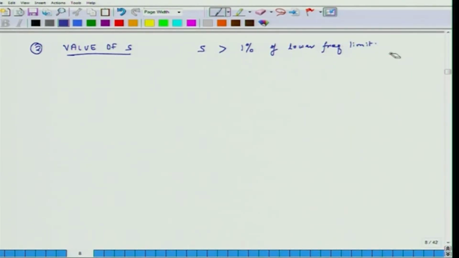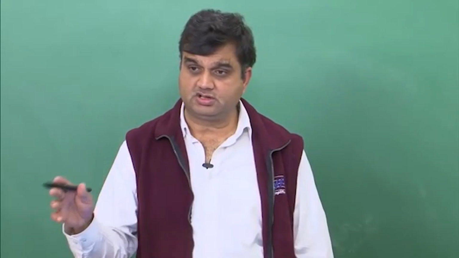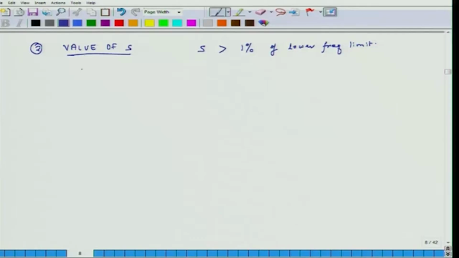What does this mean? Suppose we decide that the tube has to work from 35 hertz to 2300 hertz. So let's say that the operating bandwidth of tube is 35 to 2300 hertz.